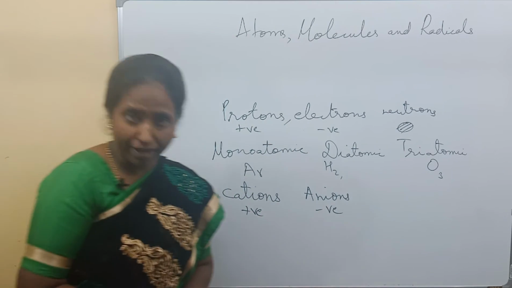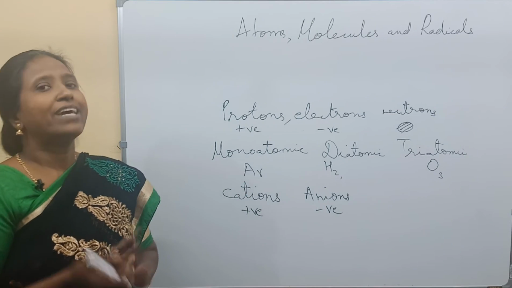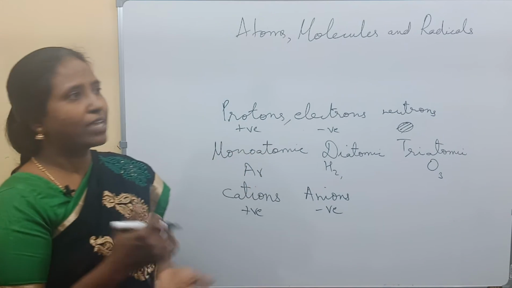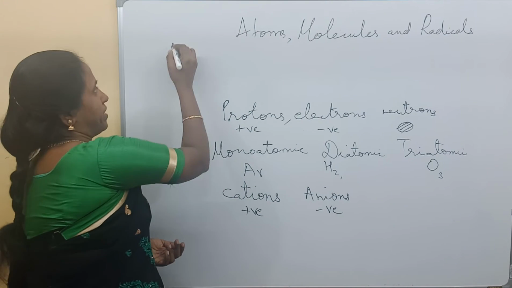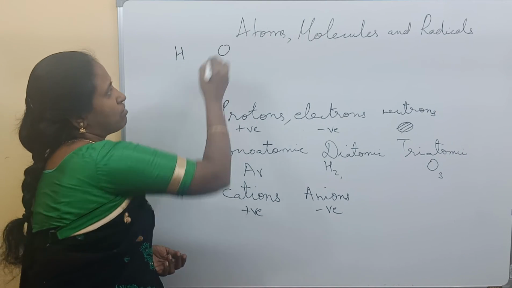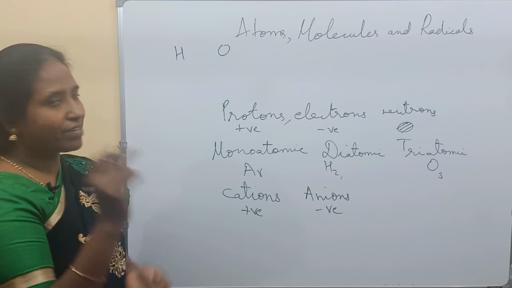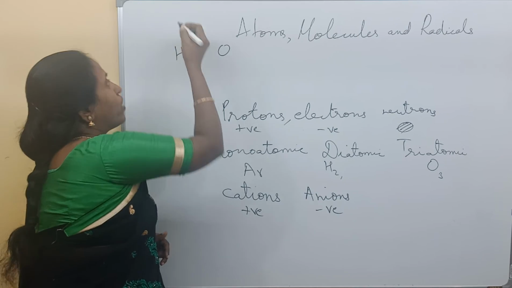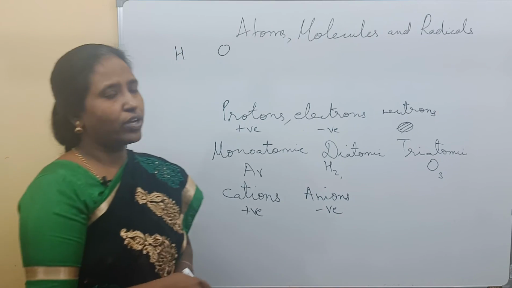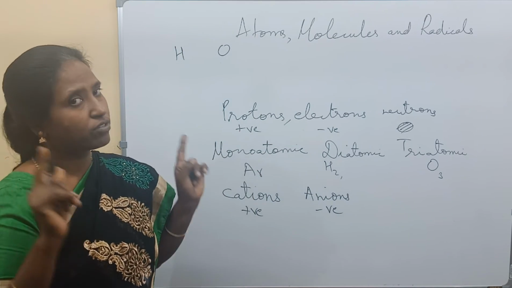The two elements combine to form a compound according to their valency. Firstly we write the symbols. Suppose we have to make the formula of water. Water is H2O. It consists of hydrogen and oxygen.